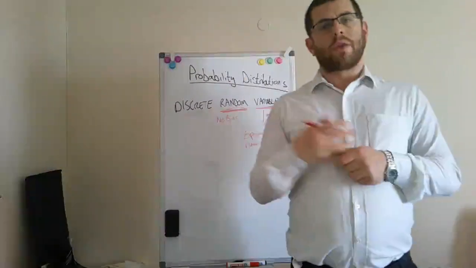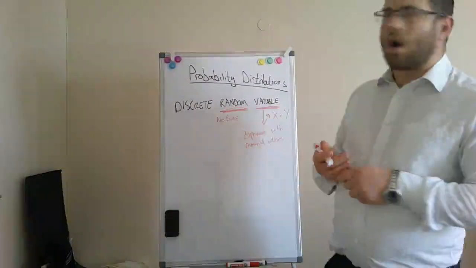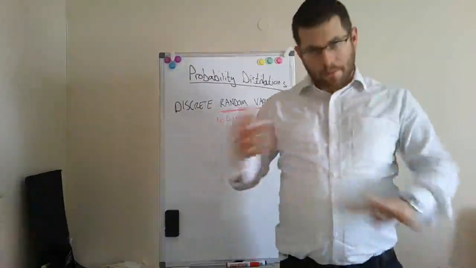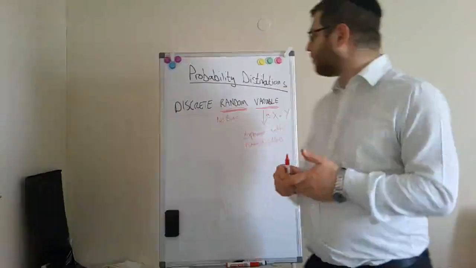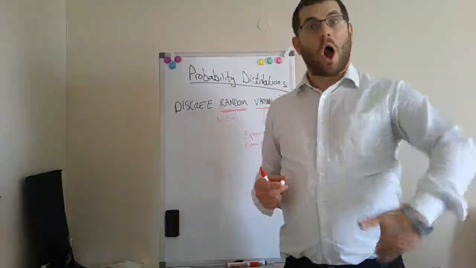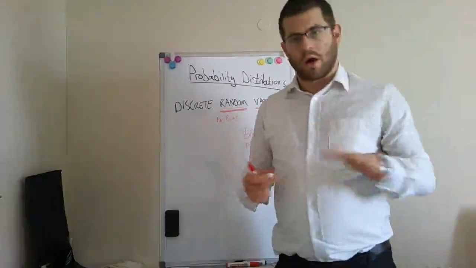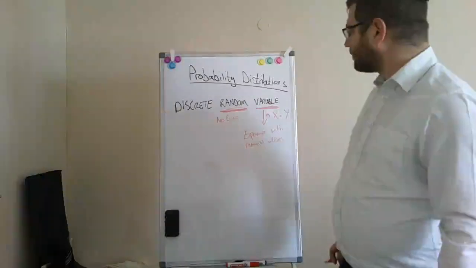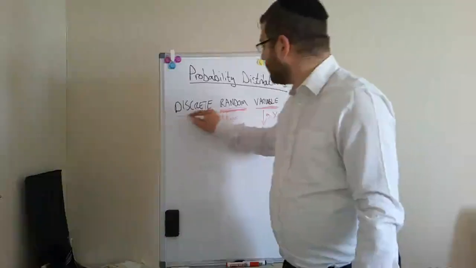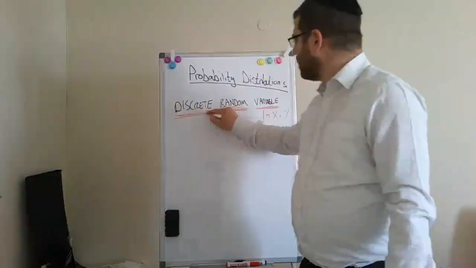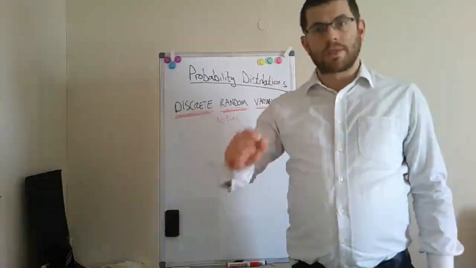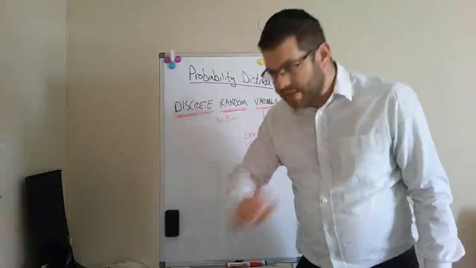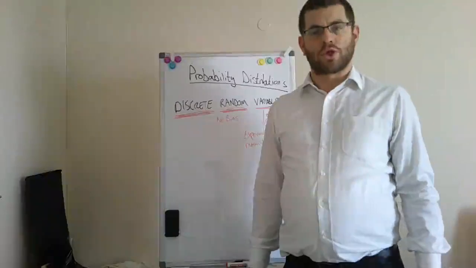But in other experiments, you can't fix certain outcomes. You won't mess around with it. It's got to be completely random. You only know the probability of certain outcomes after you've actually done the experiment. There's no bias there. Now, discrete is a word we've come across before. Discrete means that the outcomes are countable. I could physically write down all the outcomes if I wanted to.